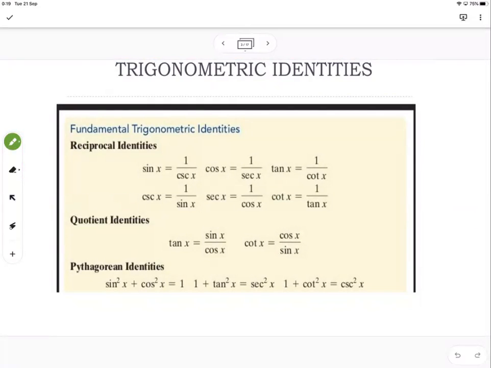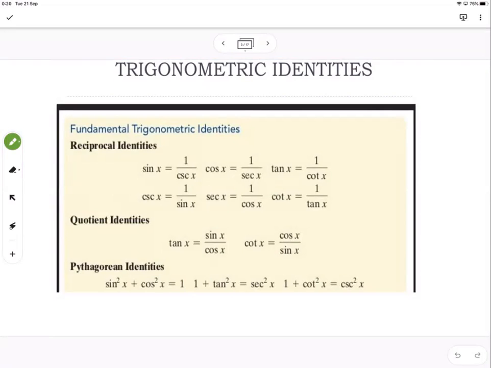You have to recall them because there are some problems where you need to use trigonometric identities to rewrite the problem before starting with the derivative process, okay? So the ones that you have to remember, because you work with a lot of identities, but the ones that you have to remember are reciprocal identities, quotient identities, and Pythagorean identities, okay?